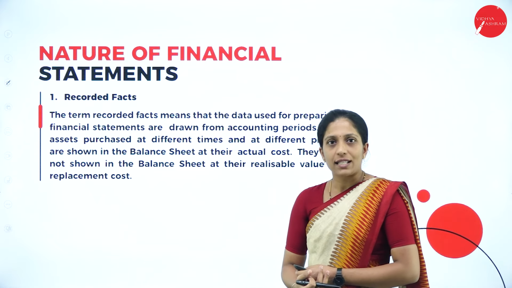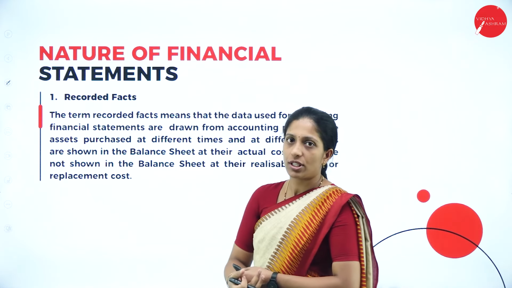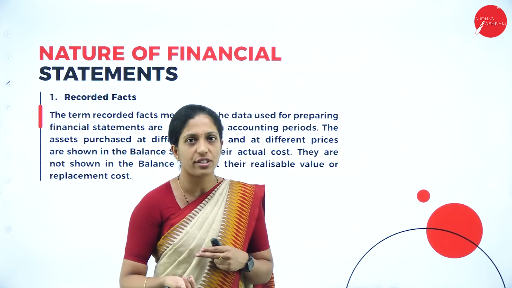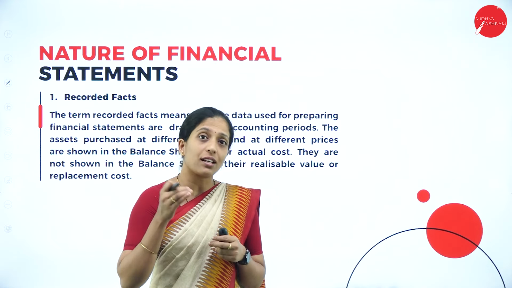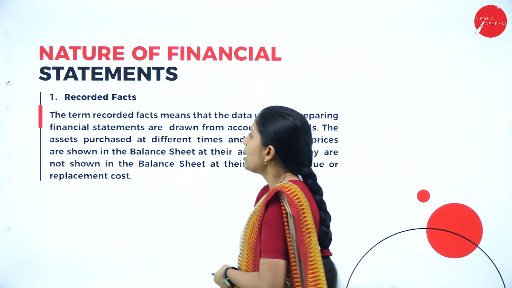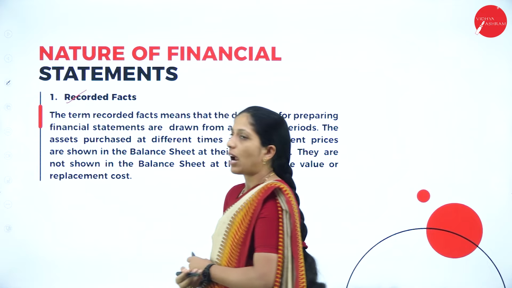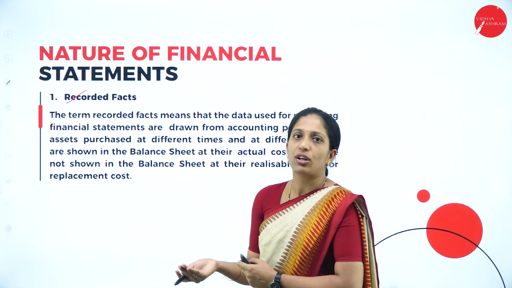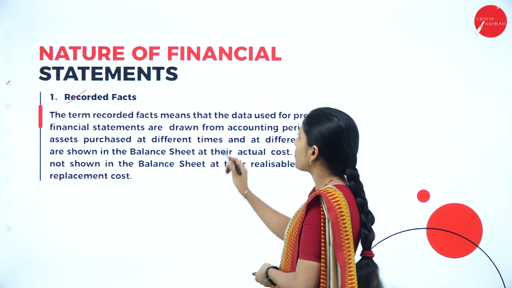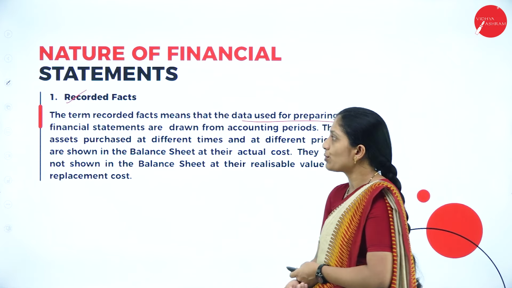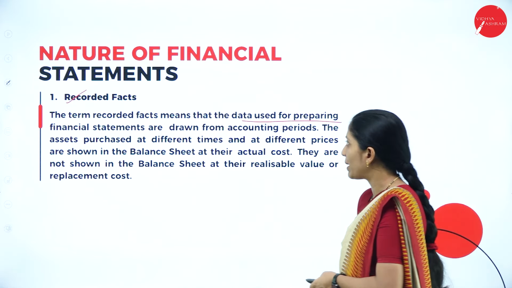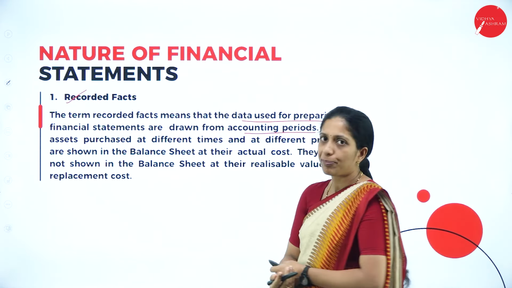Now moving on to the next concept, nature of financial statement. So let us see how the financial statement will be. What is the nature of financial statement? The first one is recorded facts. The term recorded facts means that the data used for preparing the financial statement are drawn from the accounting period.